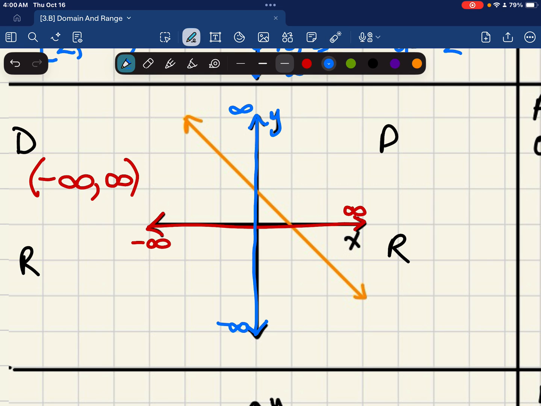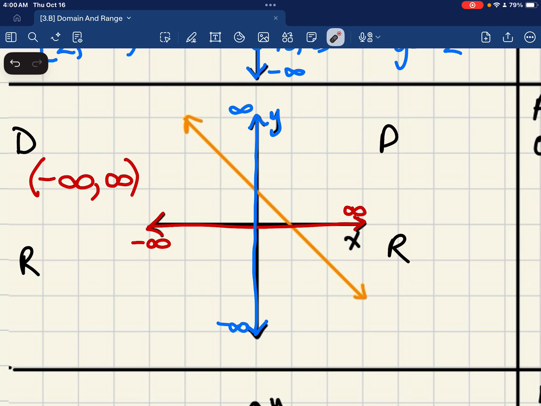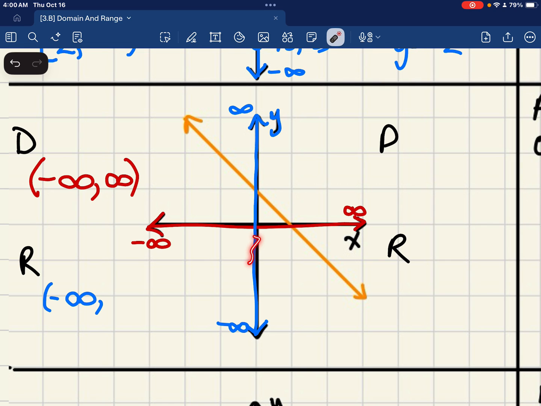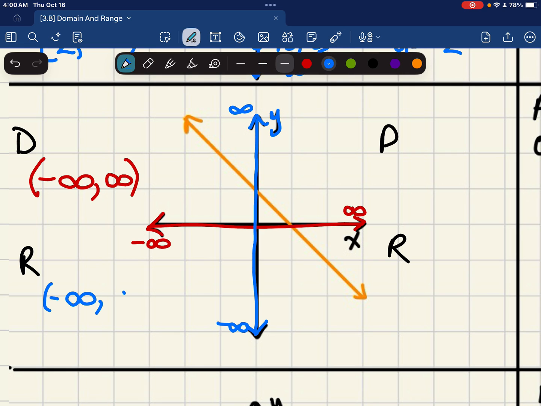All right, so for our range, I start with how low does it go? So this is going down, down, down for forever. So I'm using -infinity. And then now I'm looking to go up. And this graph goes up, up, up, up for forever to positive infinity.